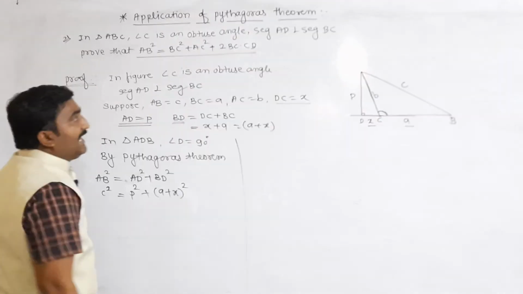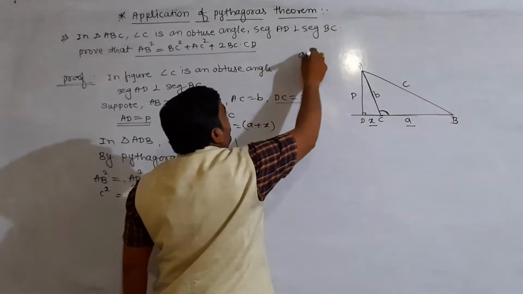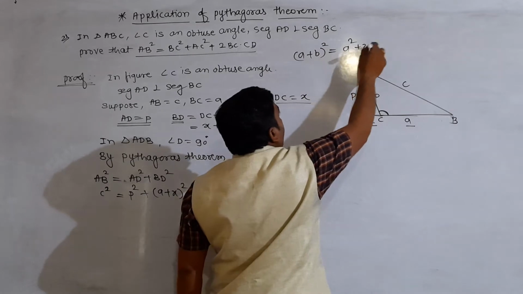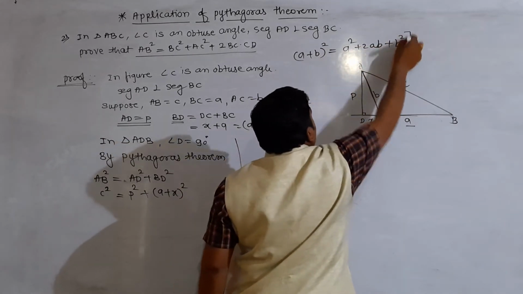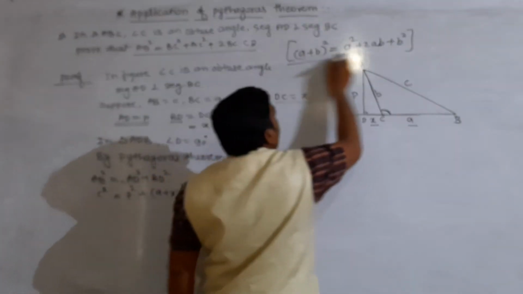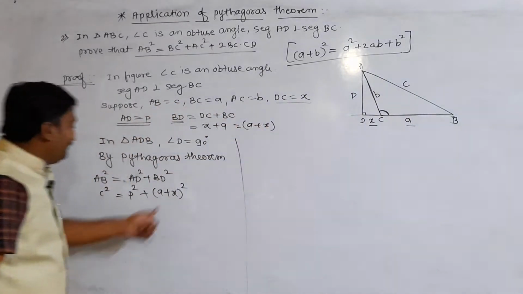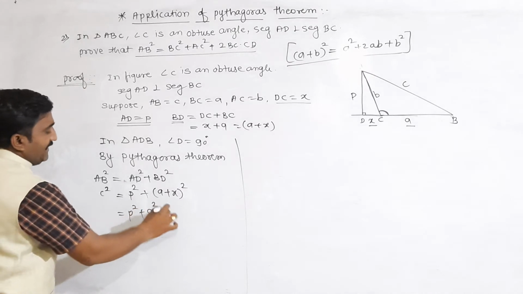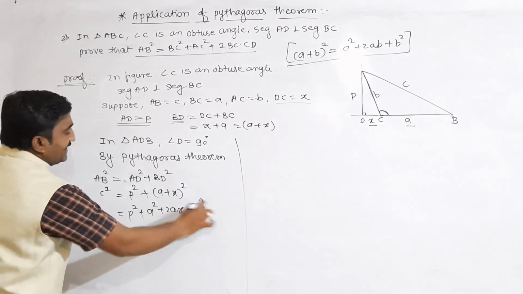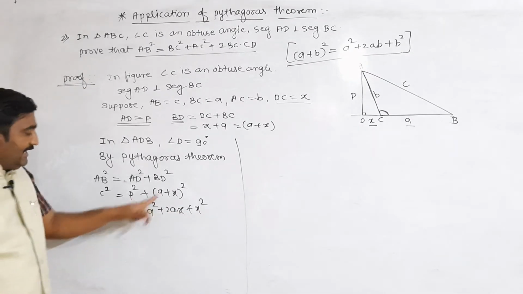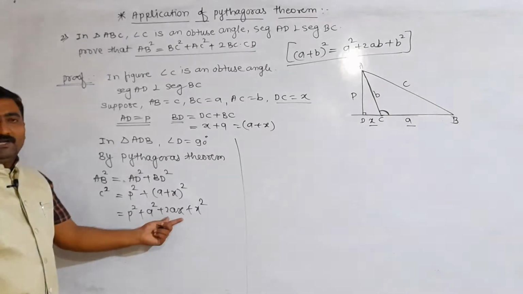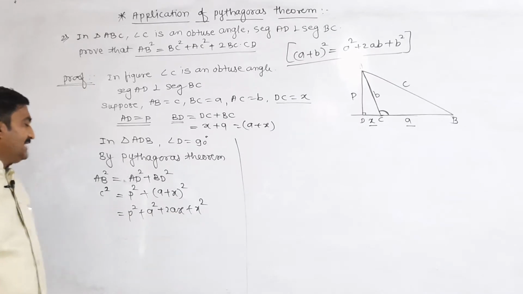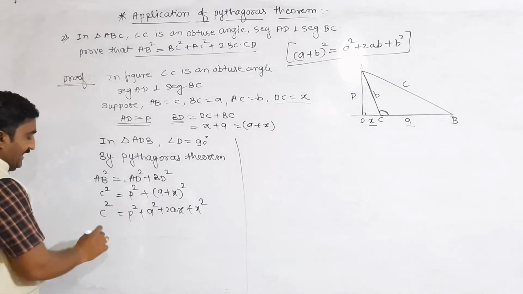We know the formula: (a plus b) bracket square is equal to a square plus 2ab plus b square. By using this formula, we have to expand this. Therefore, p square plus a square plus 2ax plus x square, and b square as it is.